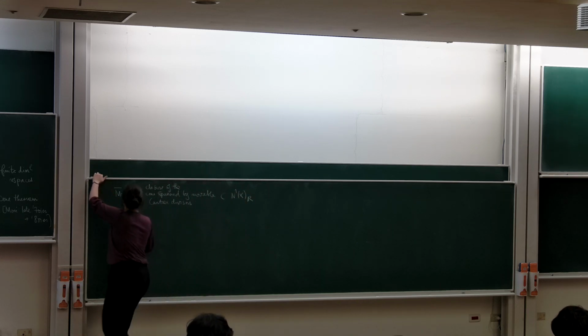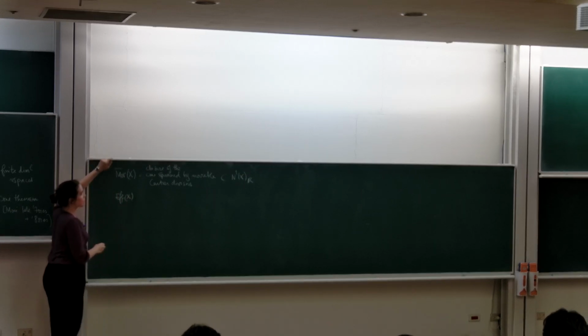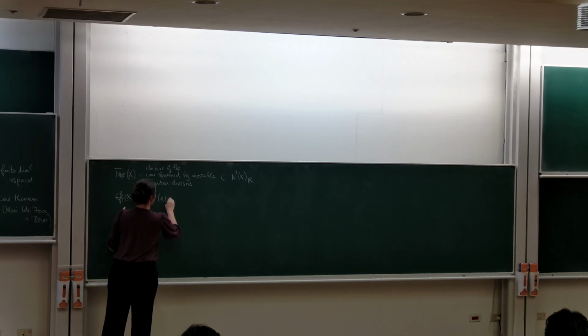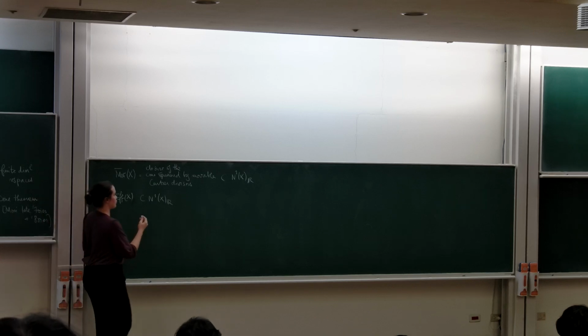And another famous one is, well, you have an effective cone that's sitting in there as well. I'll keep this notation for the genuine effective cone, and then you can also take its closure.